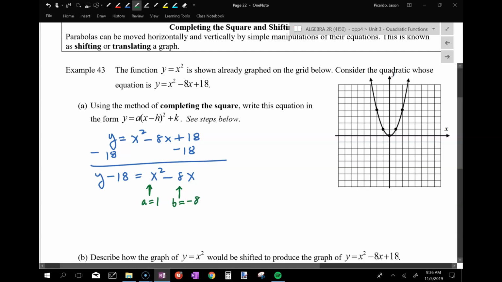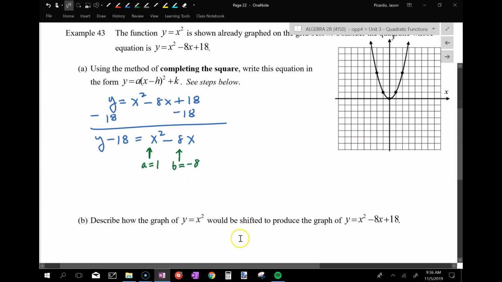Okay. So if you remember this technique, what you're going to do is take half of the b, square it, and add it to both sides. So you're going to take half of the b, square it, and add it to both sides.